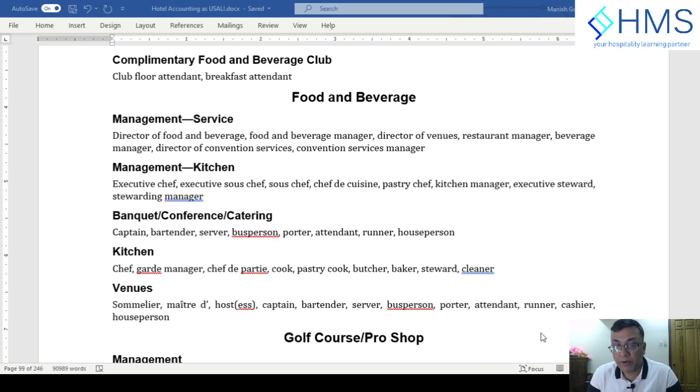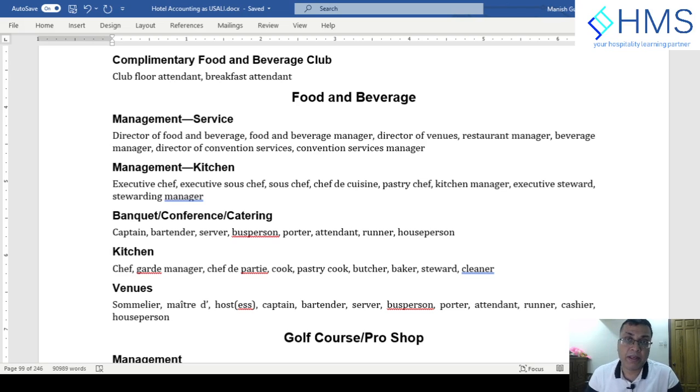In the F&B department, under management, the service portion will include the director of food and beverage, managers, director of venues, restaurant managers, beverage managers, director of convention, banquet managers, or the convention services managers.